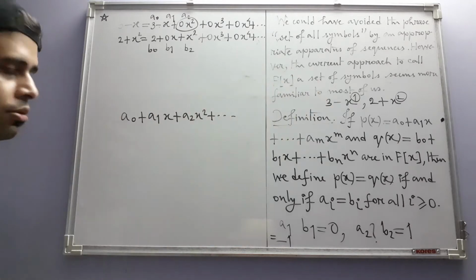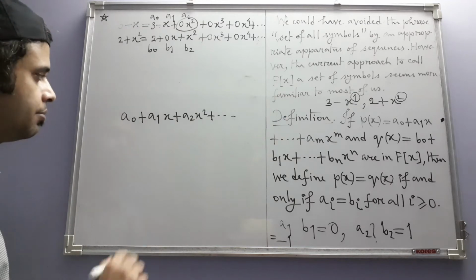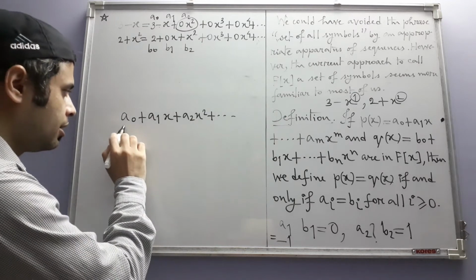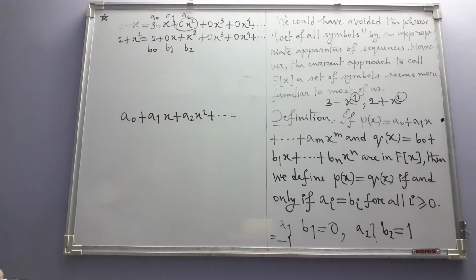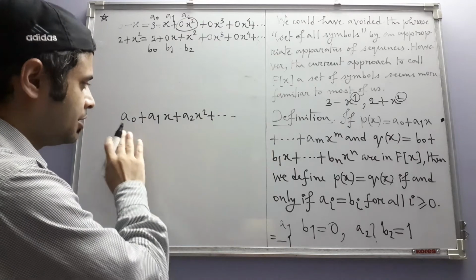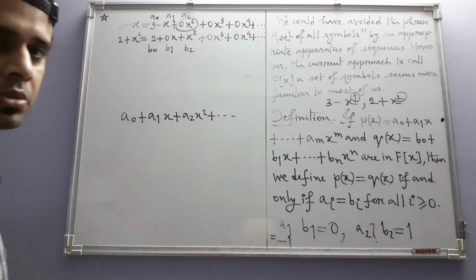And the terms go on as if it's a series. However, only finitely many a_i's are not equal to 0. The non-zero coefficients will stop at some stage.